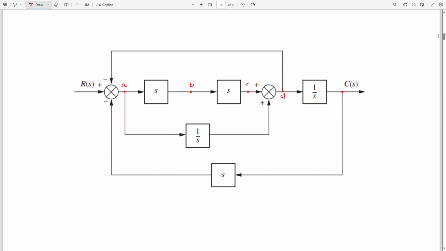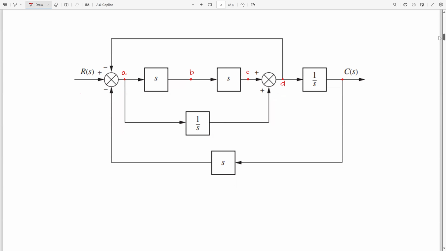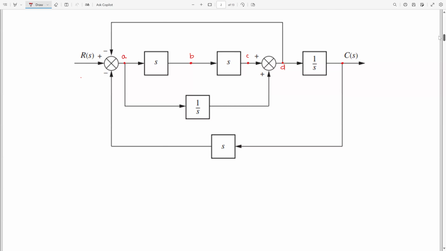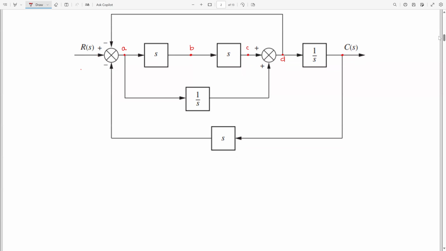Right. So the next step here is to draw your nodes. My first node is the input signal R of S. And then the second node I'm drawing is the internal signal A. And mind where I'm placing the names.